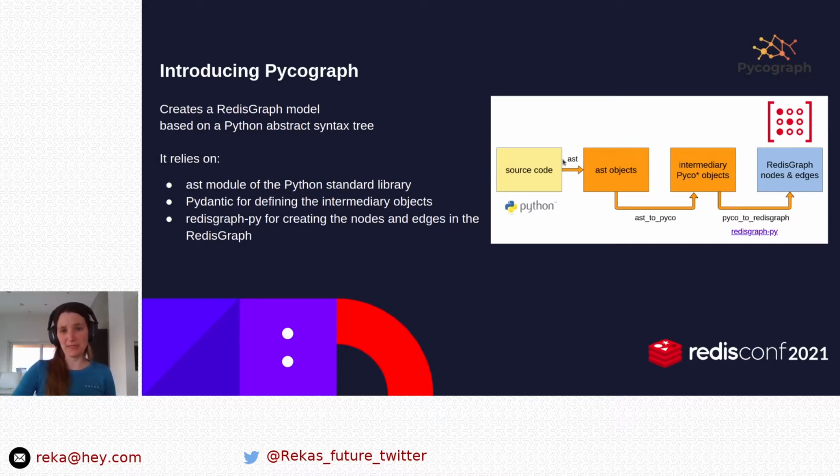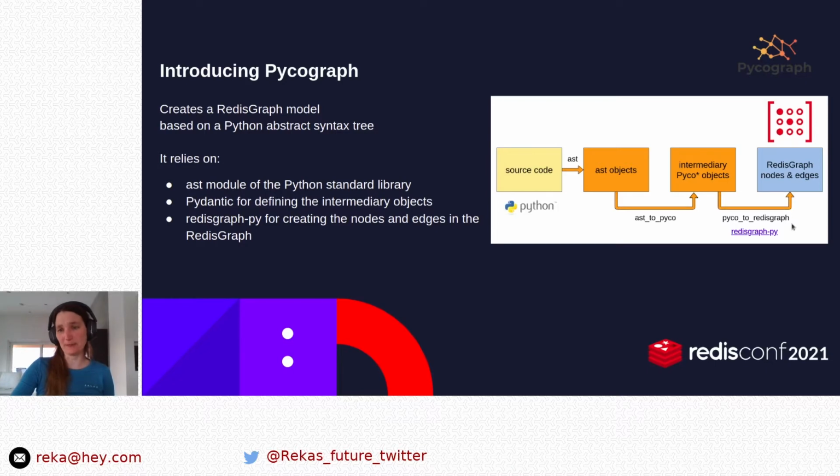First, it uses the AST module of the Python standard library to create abstract syntax tree objects. Then the AST to Pyco module creates intermediary objects from the abstract syntax tree. These represent both some elements of the syntax and the relationships between them.